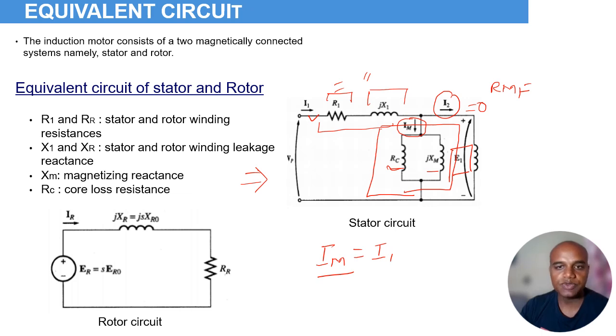As we know, these series elements R1 and X1 account for the losses happening in the induction motor over the stator, and this parallel branch accounts for the power utilized to set up the electromagnetic field, or the magnetic flux, inside my air gap. RC stands for the core loss resistance.